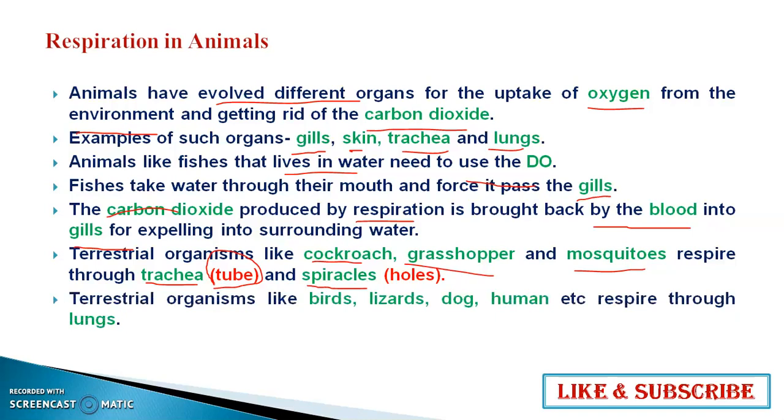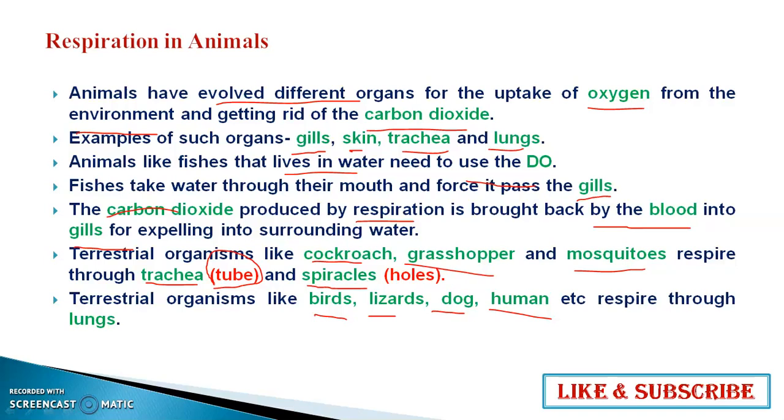But when we move towards the higher terrestrial organisms like birds, lizard, dog, human beings, these organisms respire through the lungs. The lung is the advanced respiratory organ present in higher organisms. But some terrestrial organisms like the earthworm respire through the skin.